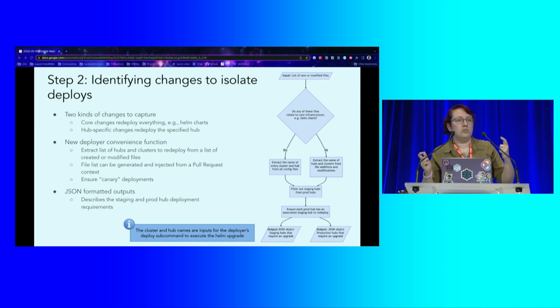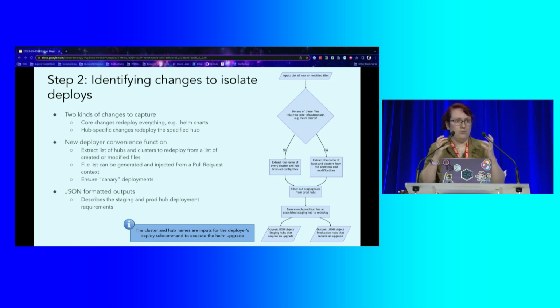This is like those Helm charts, the basehub and daskhub that I was talking about. If changes happen in there, that needs to propagate to all of the hubs. However, changes in common.values.yaml, changes in prod.yaml, those are specific hubs, and we need to be able to isolate that down. So we need to be able to differentiate between those two things.